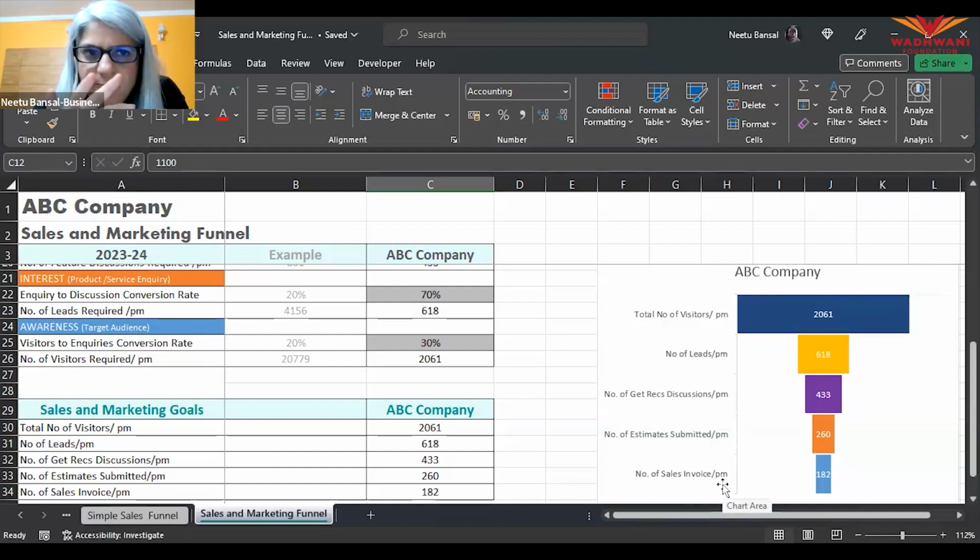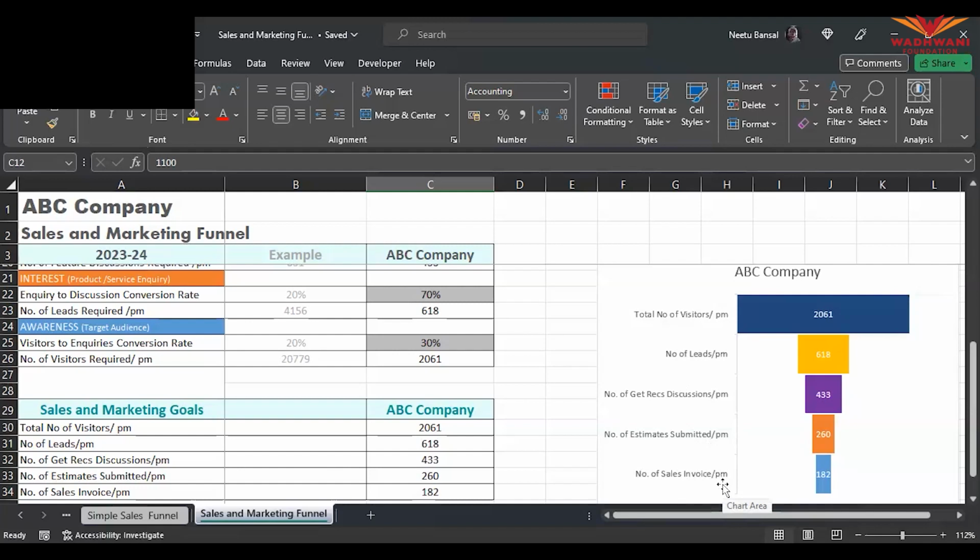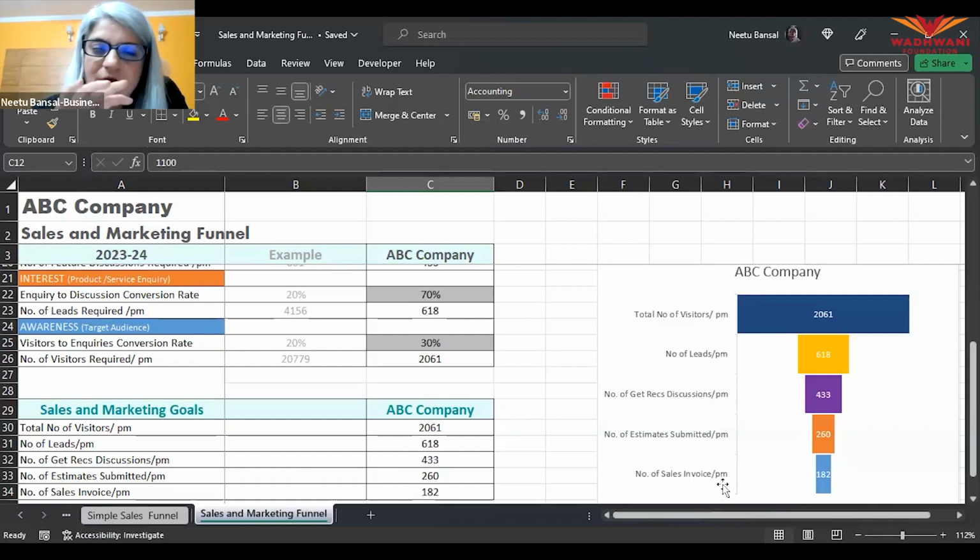What are the various things they do before they make the final purchase? They first come and browse the products, then put them in the wish list or cart, and then finally make the purchase. So the first one is the number of visitors. That is the same for you, right?